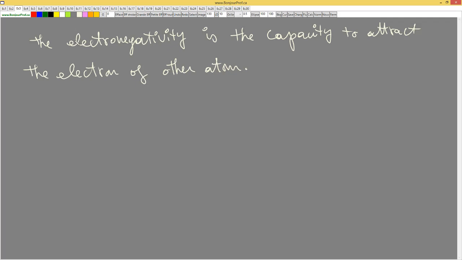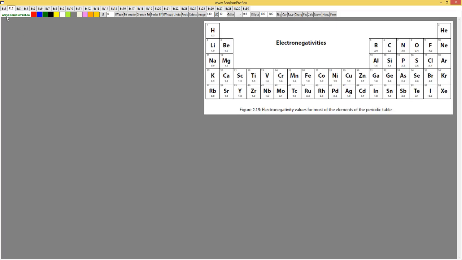But how will we know? We have a table. By experiment, we determined the electronegativity, and now we know the electronegativity of each atom. For example, hydrogen has 2.2. Lithium has 1. Beryllium 1.5. Sodium has 0.9. Magnesium 1.2.